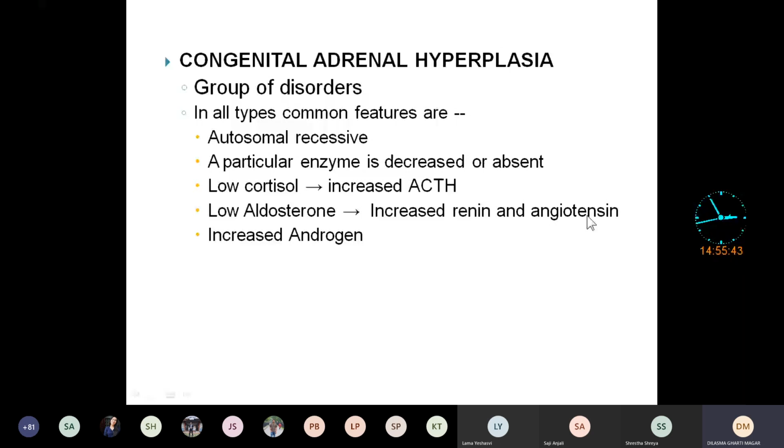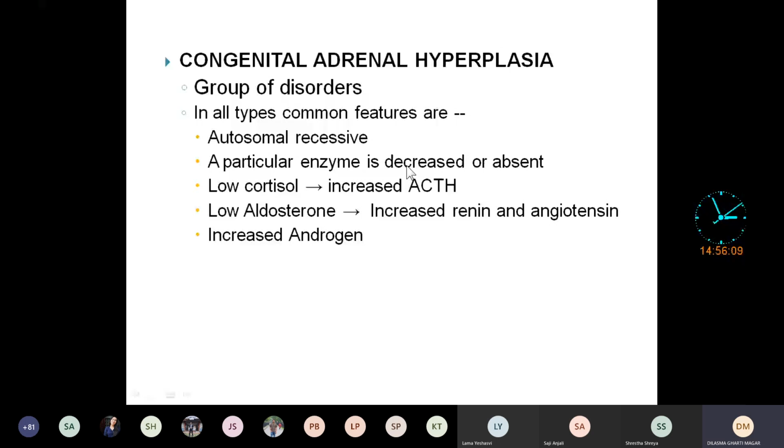Understood here? So congenital adrenal hyperplasia is a group of disorders. All types of common features we can see here. It is an autosomal recessive disorder, and a particular enzyme is decreased or totally absent. There are different enzymes, but for you mainly this 21 hydroxylase enzyme you have to know.